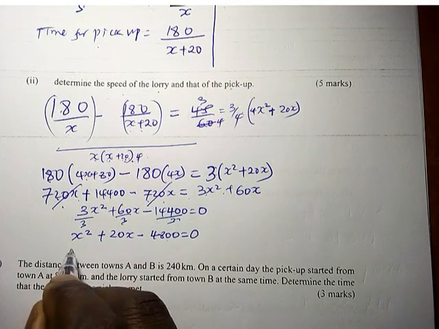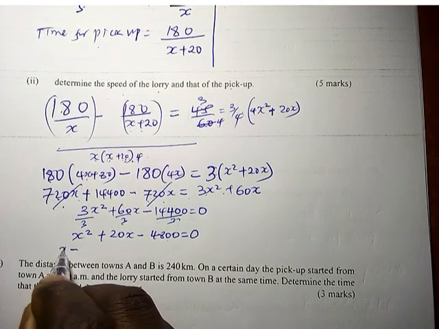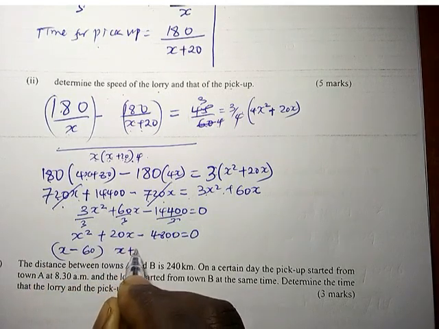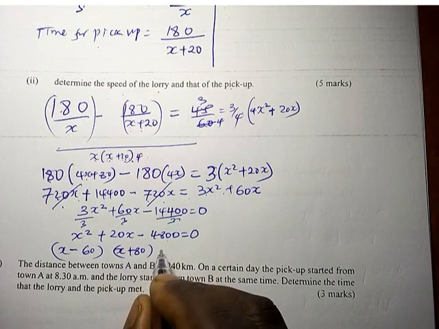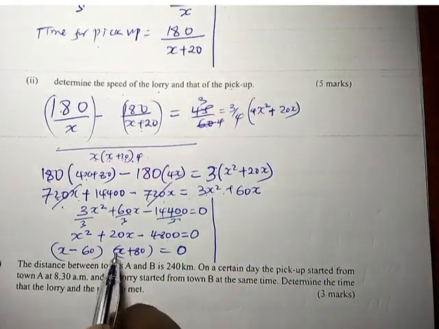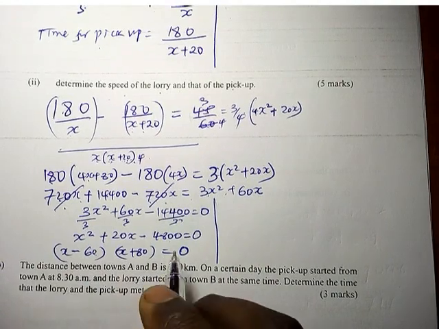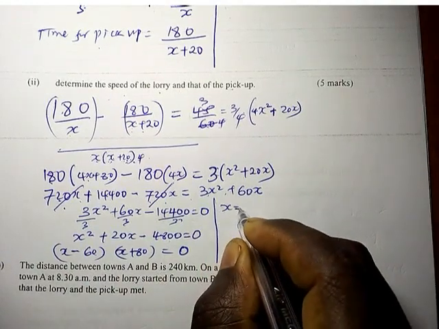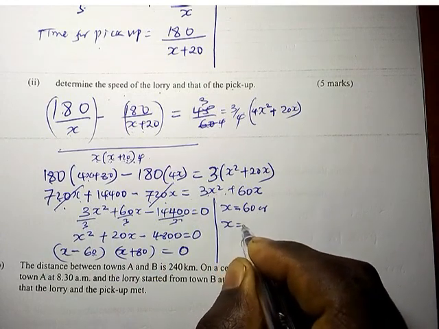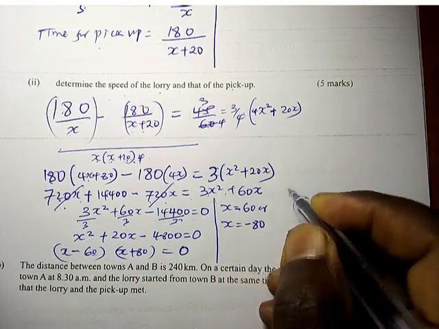So x minus 60, x plus 80 will give us 0. I have skipped one step of finding these numbers, I hope you know. So here x is going to be either 60 or x is going to be negative 80.